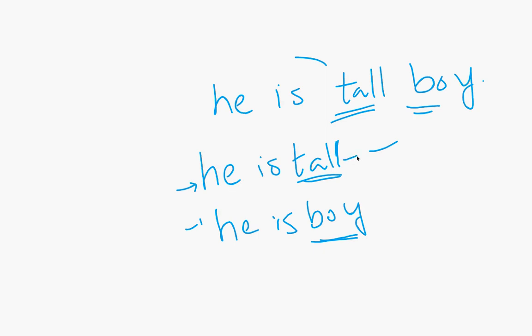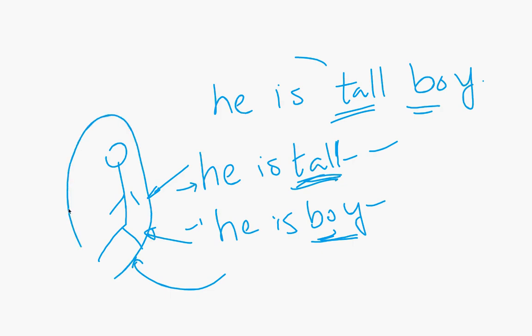So what does that mean? This tall and boy both are actually referring to the same physical object, right? We are saying he is a boy and he is tall. So this tall also means the same physical object, and boy also means the same physical object. So the same object we are referring to. When we say he is a tall boy, this is a Visheshanam in Sanskritam.